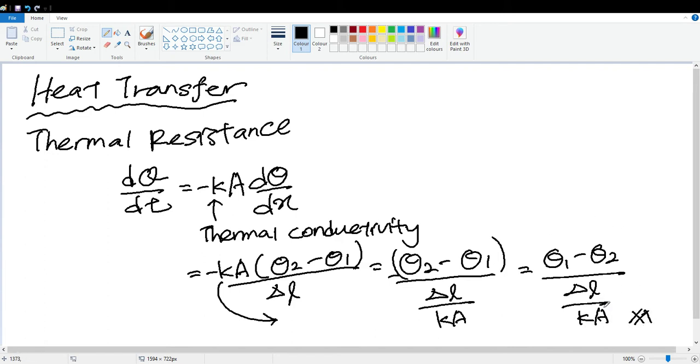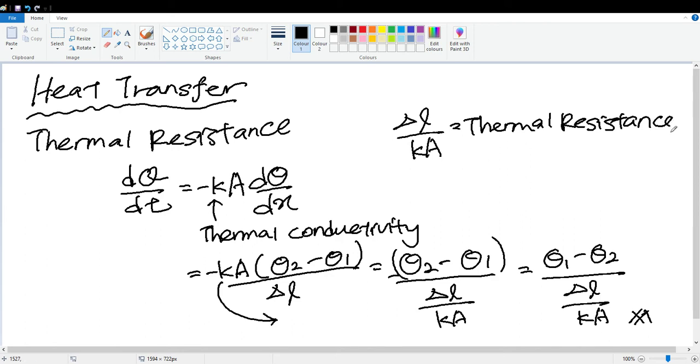From this, ΔL divided by KA is equal to our thermal resistance. This is considered to be the resistance for the heat transfer.